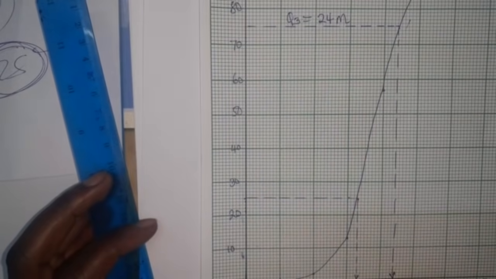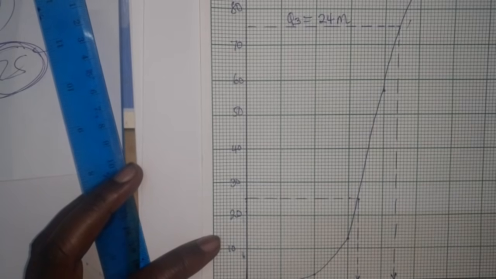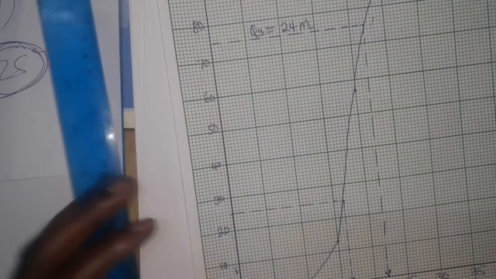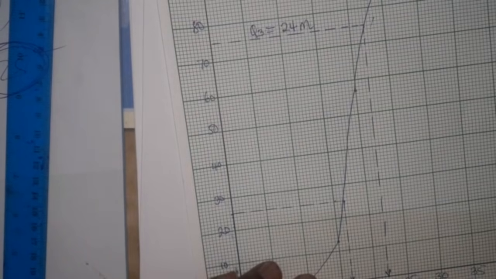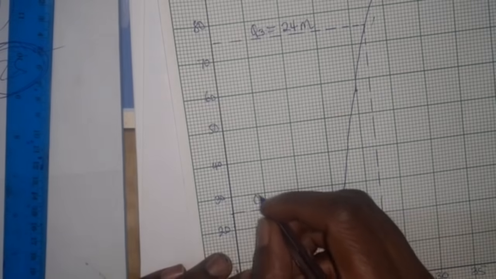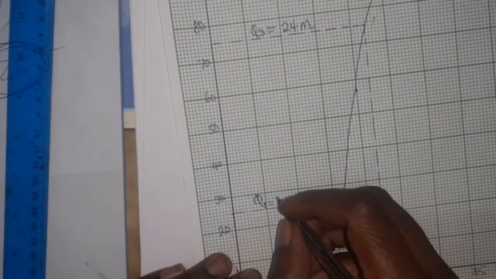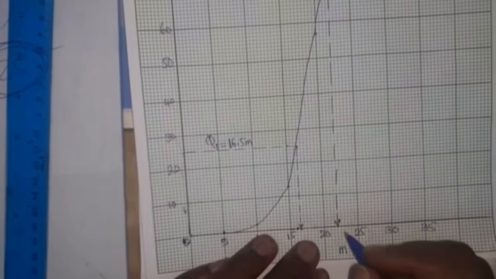So this is 15, 16, 17, 18. Is it so? No. Okay, so I think this is 16. So 0.5, yes. So the lower quartile is 16.5 meters.